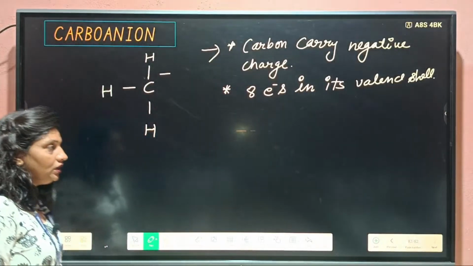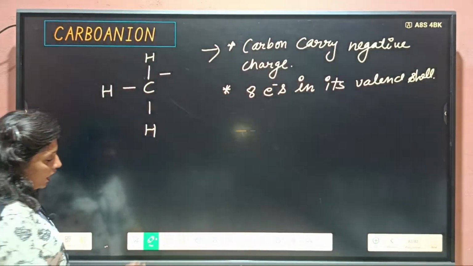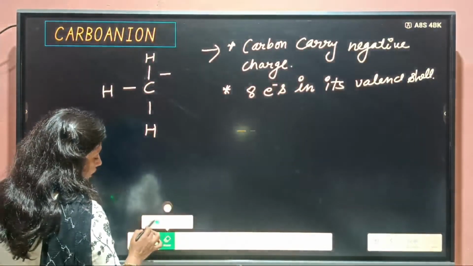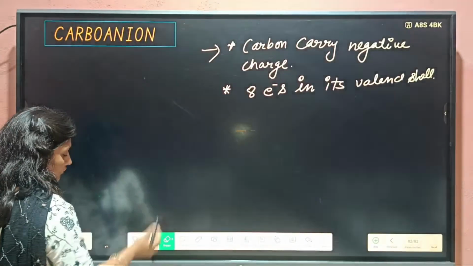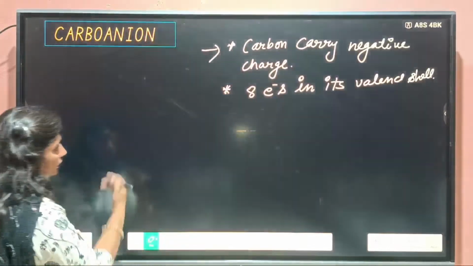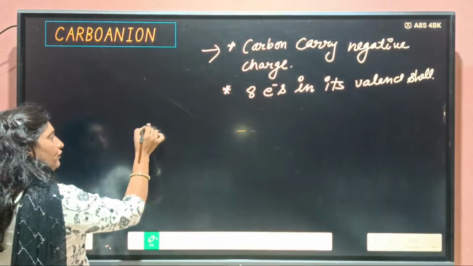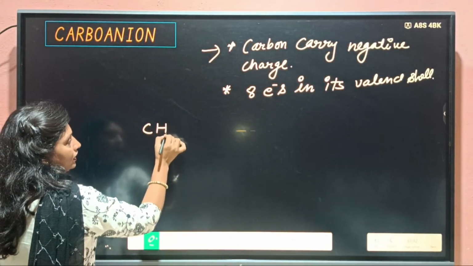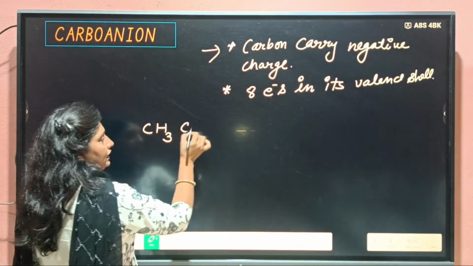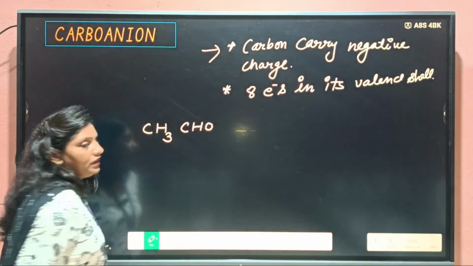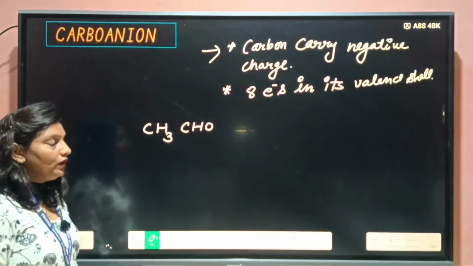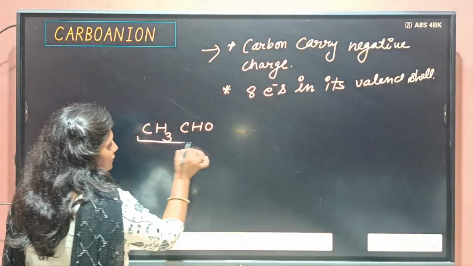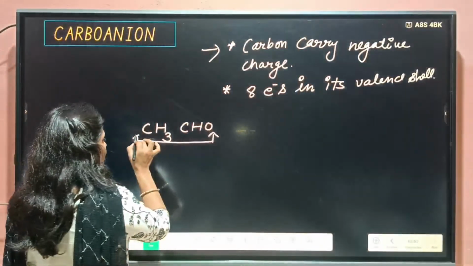Clear or not? Yes. So students, how can we produce carbanion? Like if we have ethanal, CH3CHO, an aldehyde, acetaldehyde is the common name for this one.